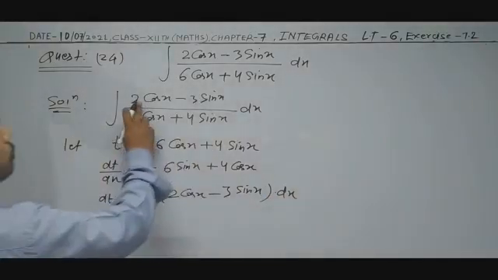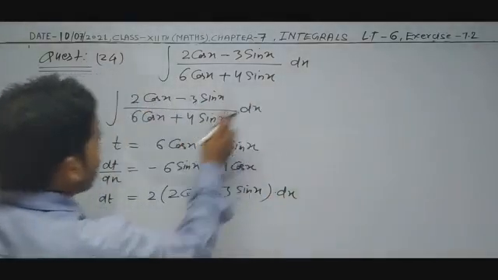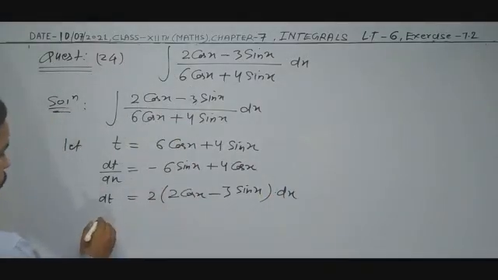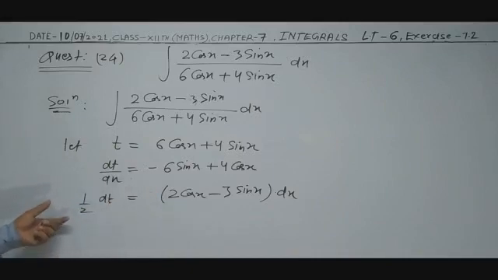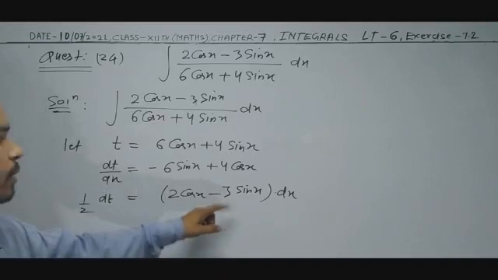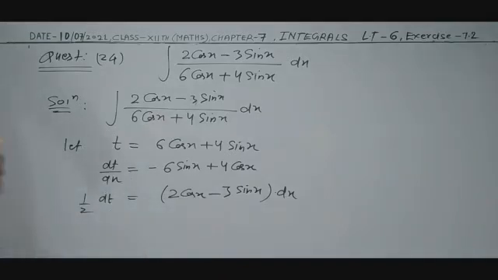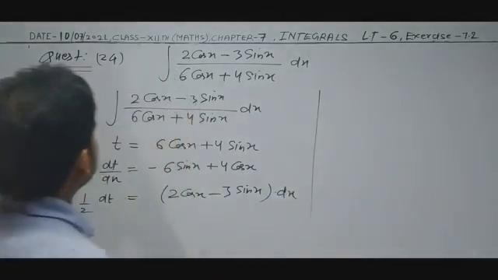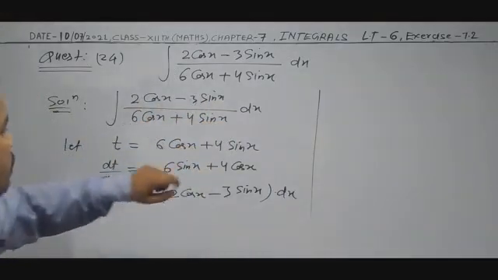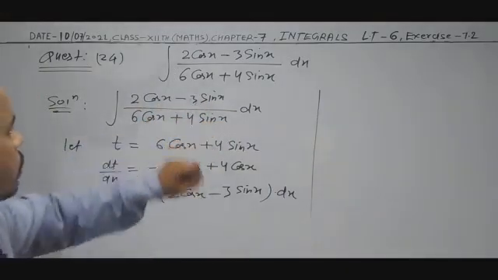So from this expression, 2 times (cos x minus 3 times sin x) dx is dt by 2, and the 2 can be transferred to the left, so this will be 1 by 2. So 1 by 2 dt is the value of (2 cos x minus 3 sin x) dx.